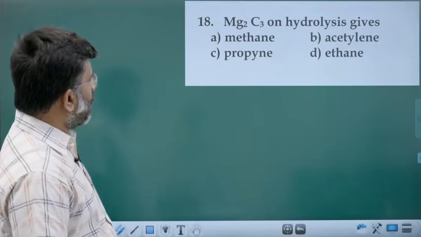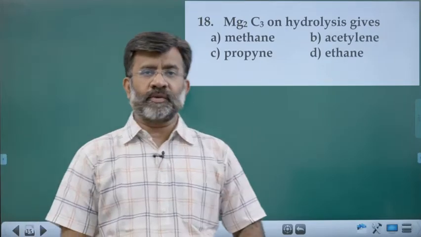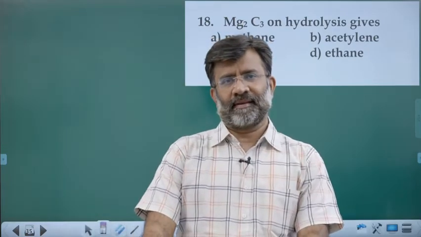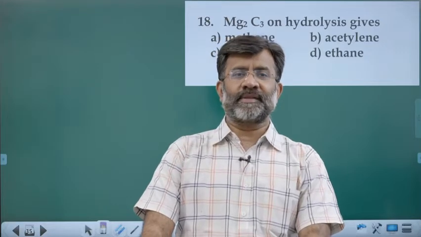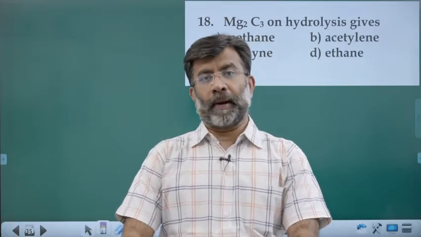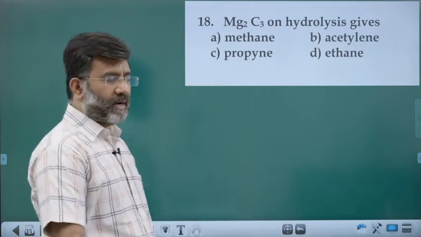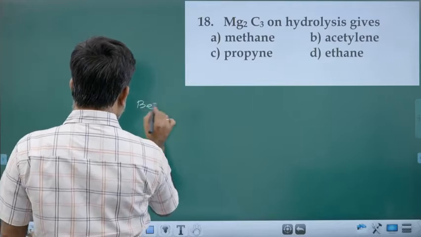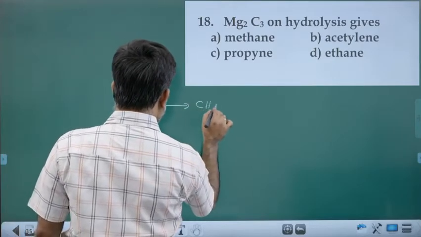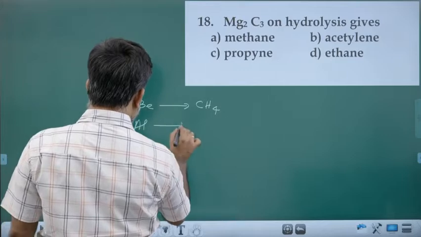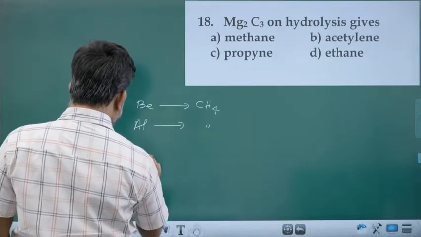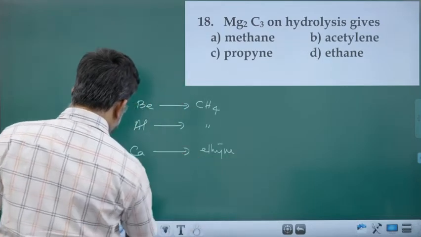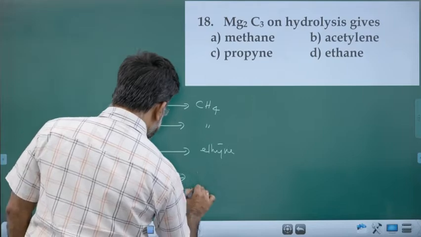Magnesium carbide on hydrolysis gives. Beryllium carbide gives methane. Aluminium carbide gives methane. Calcium carbide gives ethane. While magnesium carbide gives propyne. These are some important points you must know.